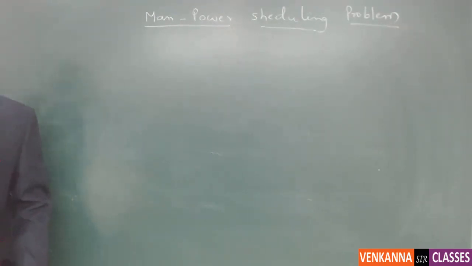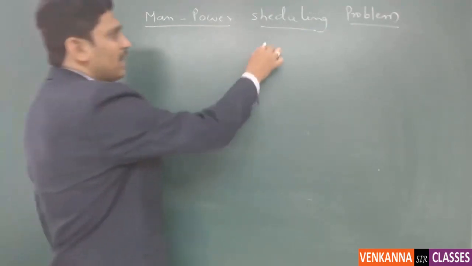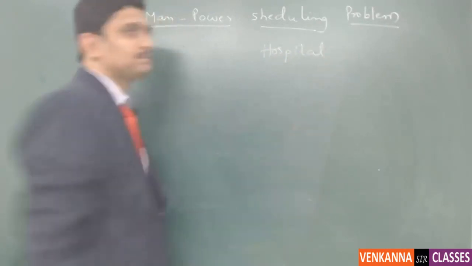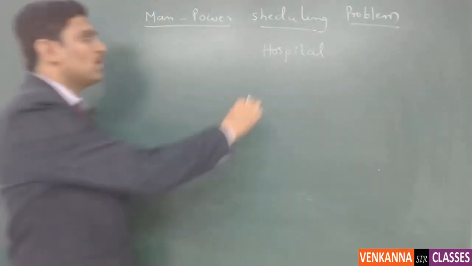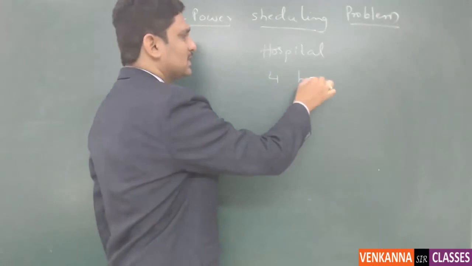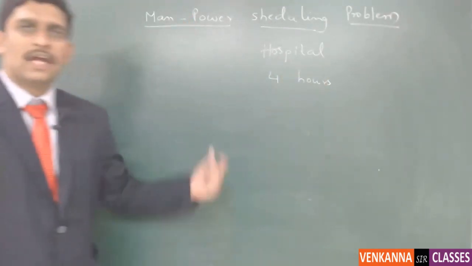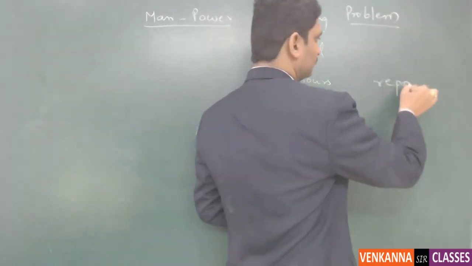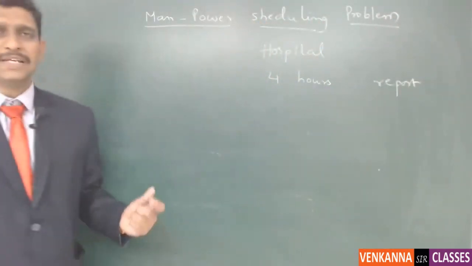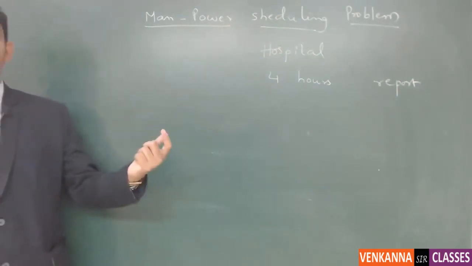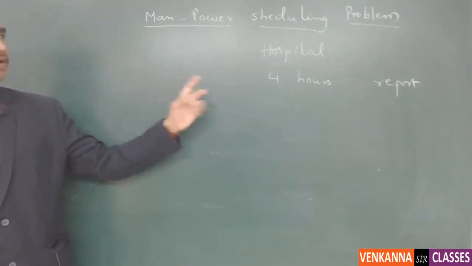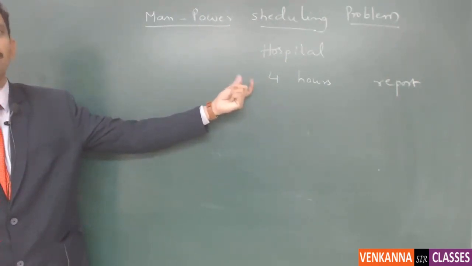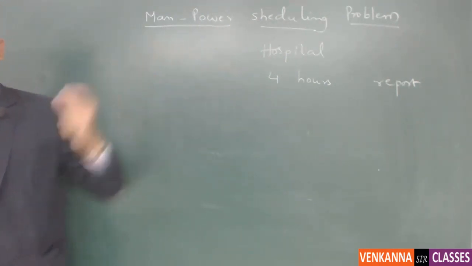Just take that you have a multi-specialty hospital where for every 4 hours a person is to report. That means he is attending the duty. Every person must report at 4 hours. In other words, for every 4 hours, a person is coming and reporting to his duty.